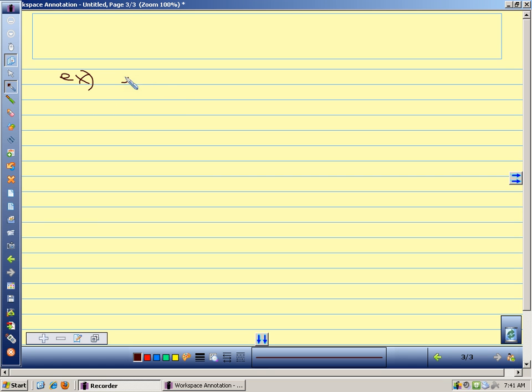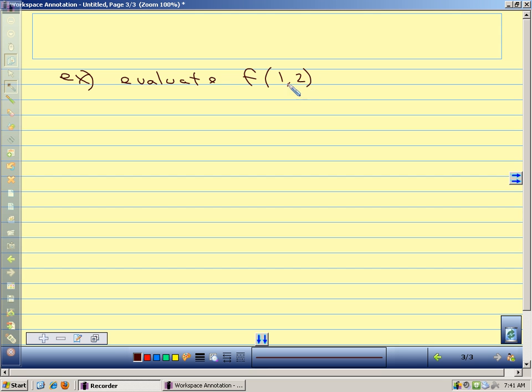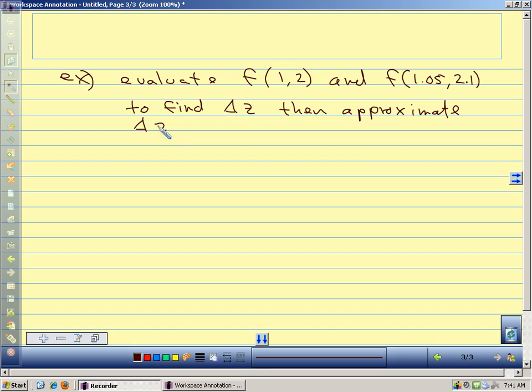So we want to evaluate f(1, 2) and f(1.05, 2.1), and then find delta z, the change in the function between these two points, and then approximate delta z using our total differential for our function f equals x e to the y.